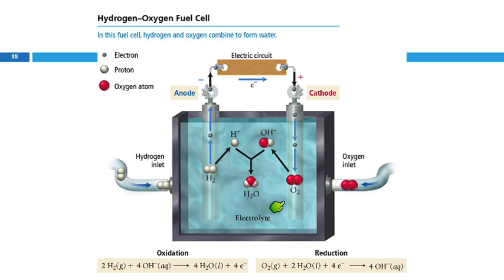So, and then we have the oxygen being reduced. And so we need hydrogen gas coming in and oxygen gas coming in. The source of oxygen isn't as important because there is oxygen in the air, right? But there's not hydrogen in the air, so we need a source of hydrogen. There's no recharging this one.